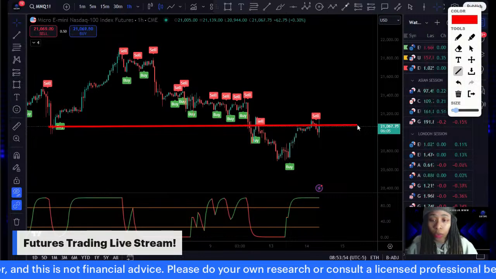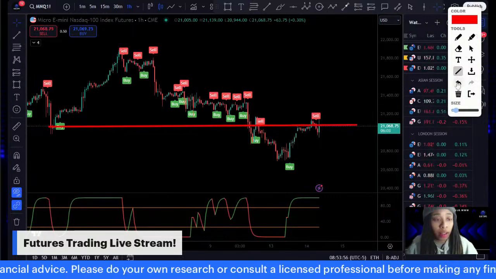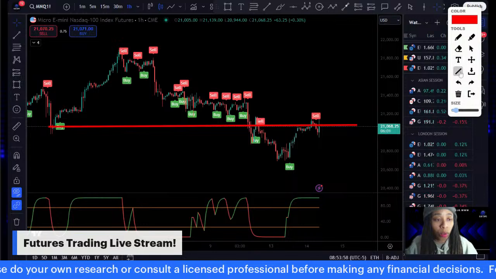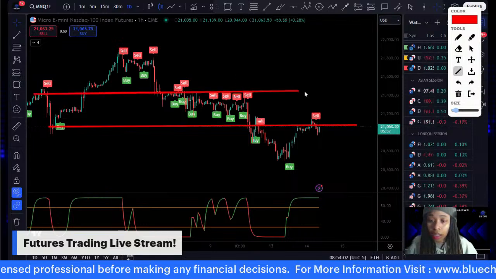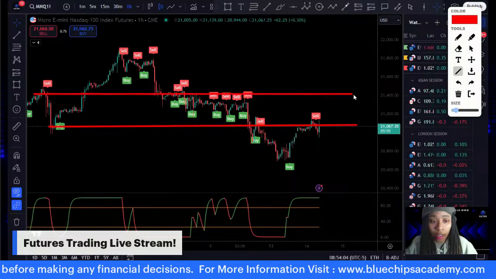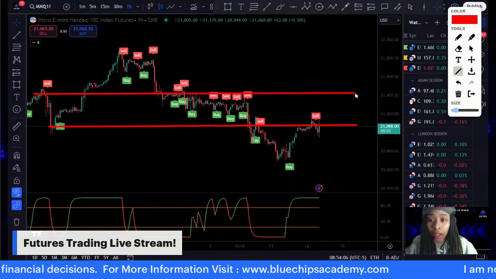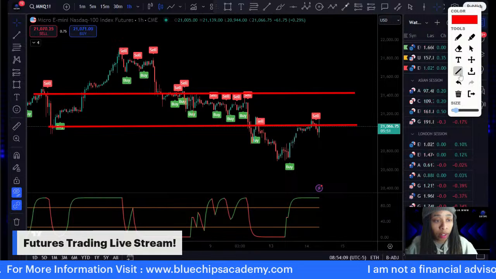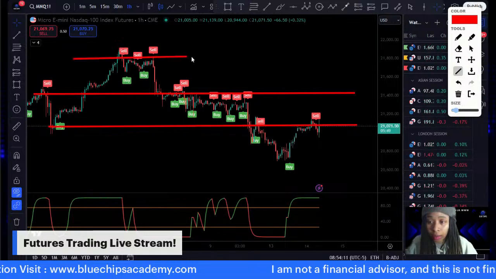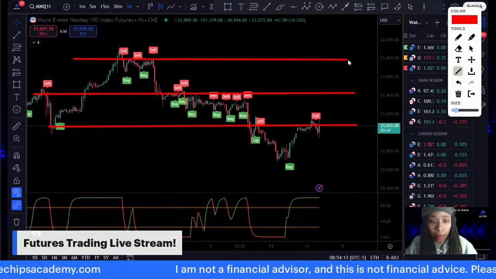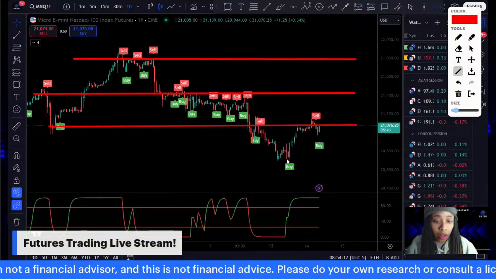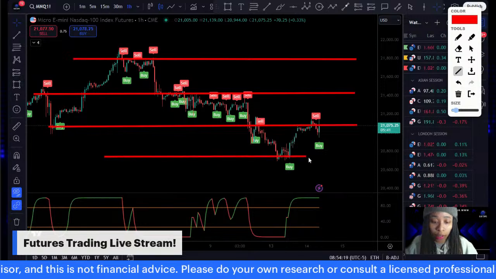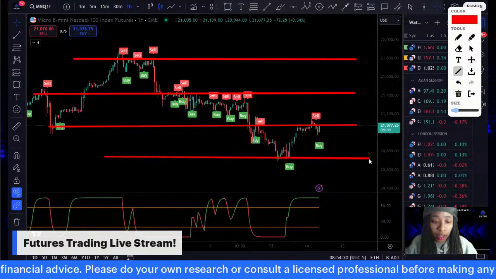That's one key level. Then we'll put another line in this area here. That's another key level. Then we have another line here at the top, and we can't forget our line at the bottom here.